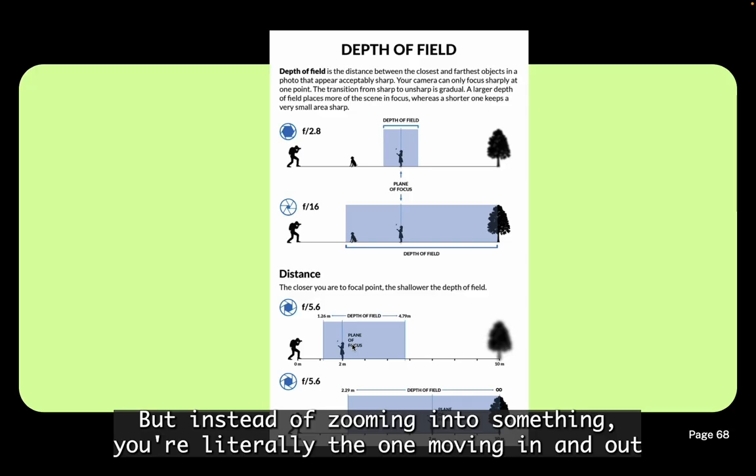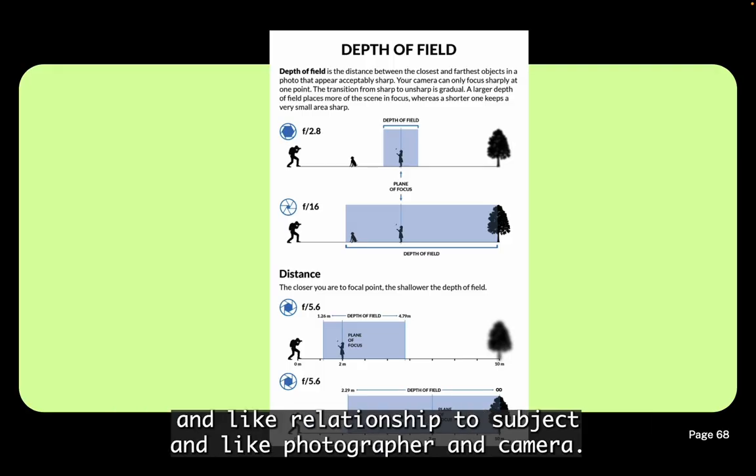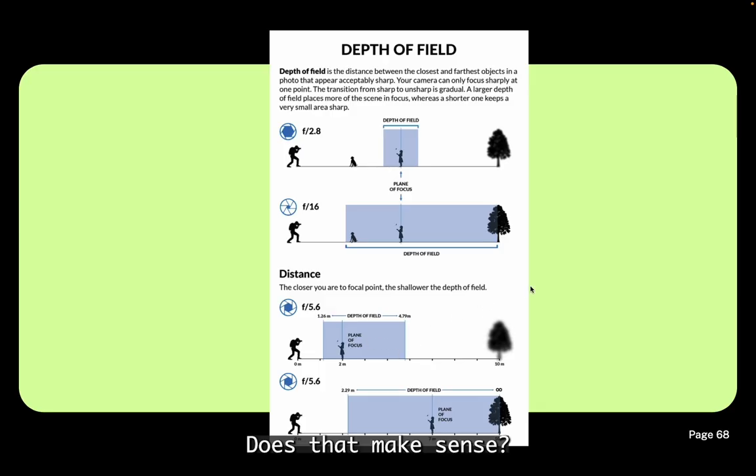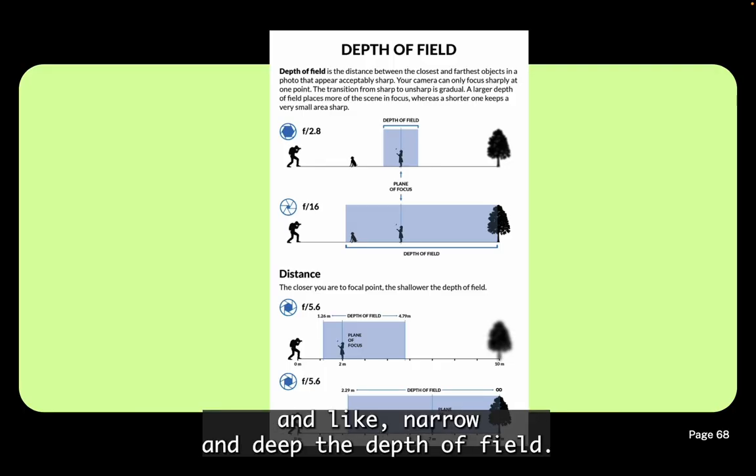Instead of zooming into something, you're the one moving in and out because you don't have the ability to zoom. So it really teaches you position, and the relationship between subject, photographer, and camera. Does that make sense, you guys? Yes. Okay. So when we do our depth of field photos, you feel confident as far as shallow depth of field and narrow and deep depth of field.